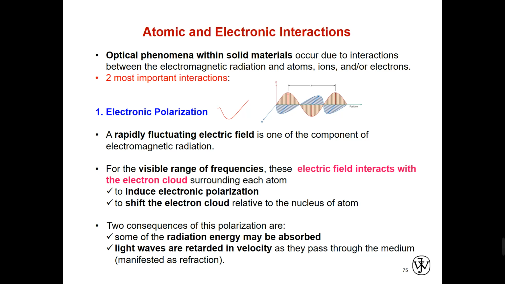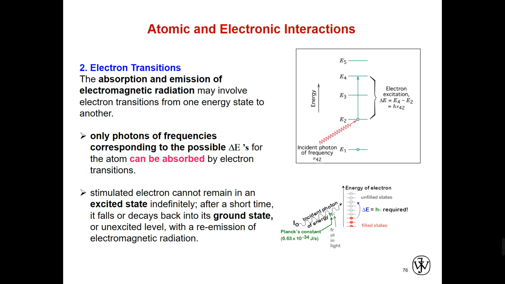Two consequences of this polarization are some of the radiation energy may be absorbed, and light waves are retarded in velocity as they pass through the medium, and this is manifested as refraction. So this is the figure representing electronic polarization.